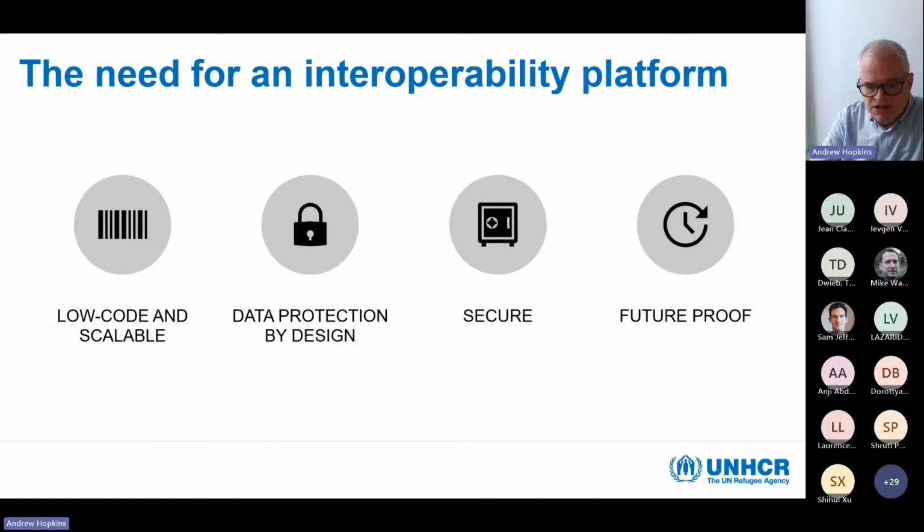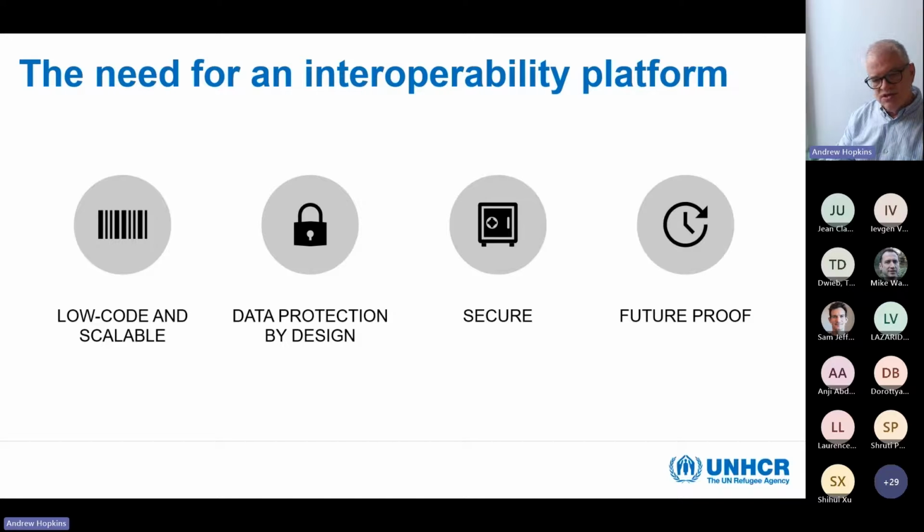But we need a system that automates those regulatory enablers. So what we've done is we've built an interoperability platform called the PRIMES interoperability platform, which is really based on the ideas that we want it to be scalable, and that each time we enter into a data sharing arrangement with another partner, it can be configurable rather than having to go back to a supplier and rebuild a system.